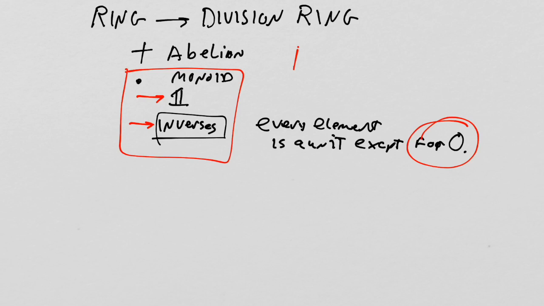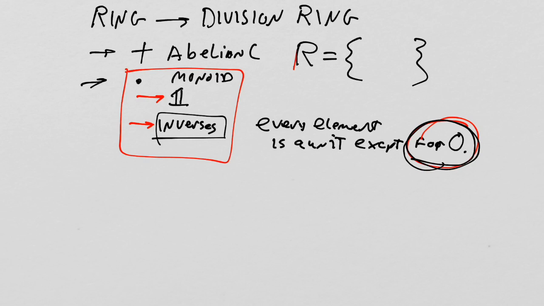So the ring R would be a group under the addition, and it would be a group under the monoid. But it's not a group under the monoid operation, because the additive identity, the 0 that's drawn from this abelian group, does not have to have an inverse. That is, it does not have to have a multiplicative inverse.